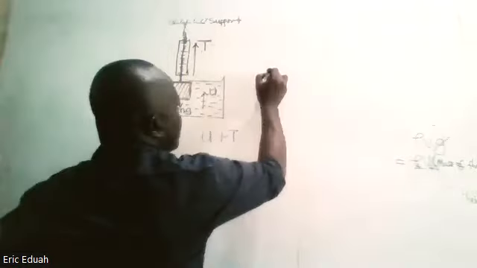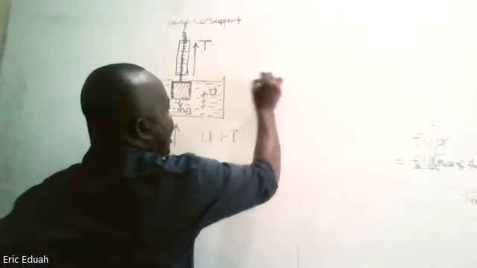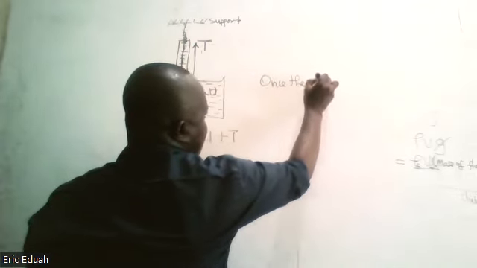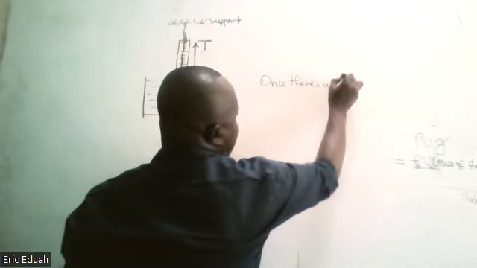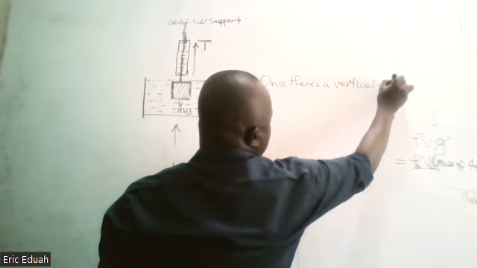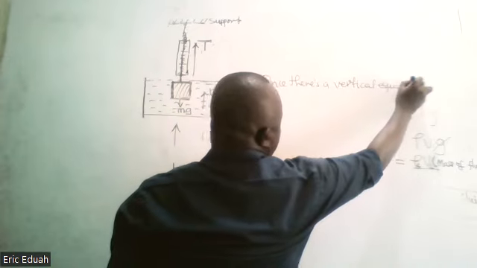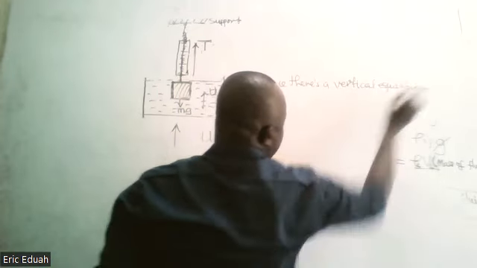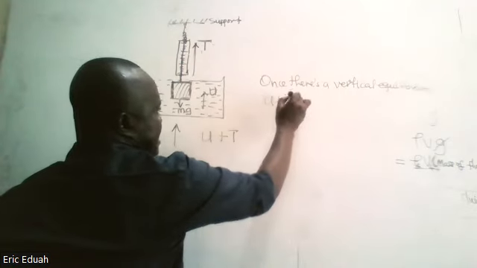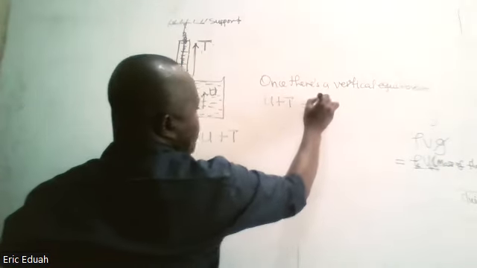So once there is a vertical equilibrium, it means that U plus T must be equal to mg.